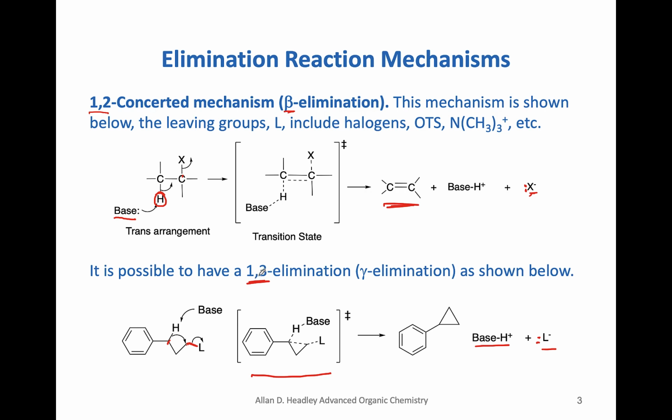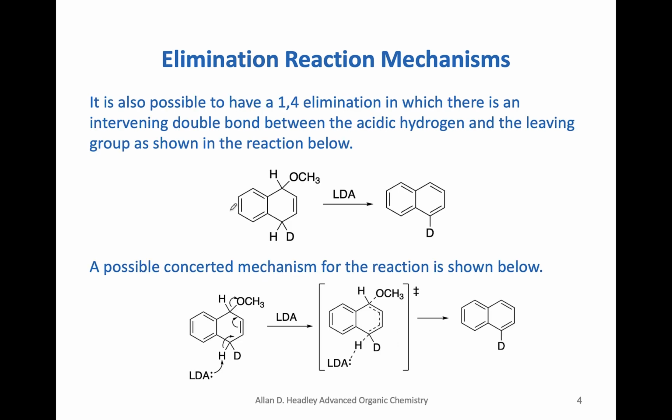As you can imagine, there can be 1,4 depending on the nature of the molecule. Here's another option. This is a 1,4 where we have here an intervening double bond. So let's look at this reaction here. LDA, you will recall, is a strong base, lithium diisopropyl amide.